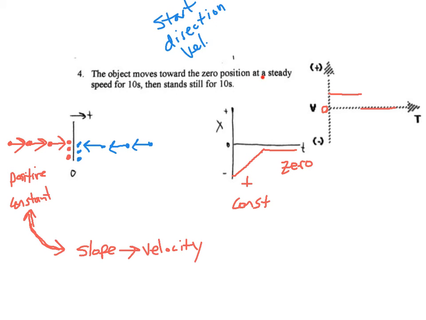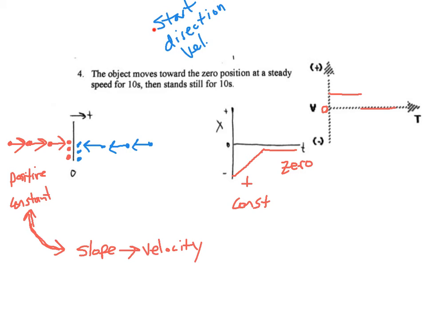Object moves toward the 0 position at a steady speed and stands still for 10 seconds. Now, is toward the 0 position a direction? No. That's toward the 0. That's not a direction. So we don't have this. That's why we have 2 possible correct answers.